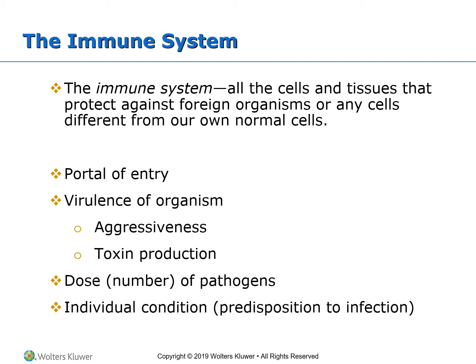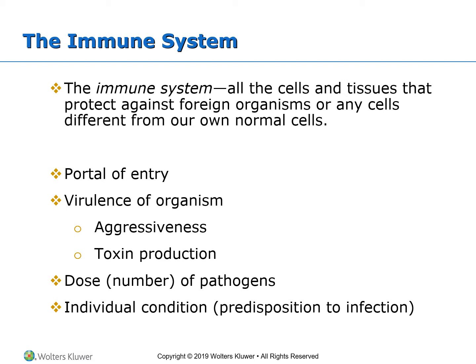However, if there is any break in the skin, or for that matter, into a mucous membranes in other systems, that may allow microorganisms to easily access deeper tissues and develop into an infection. So this is one element that we need to understand and look into when we discuss infections, the portal of entry, how a microorganism is reaching the inside of our body.